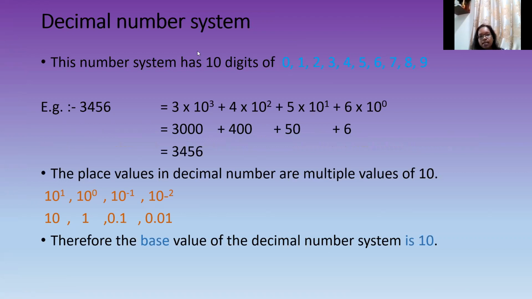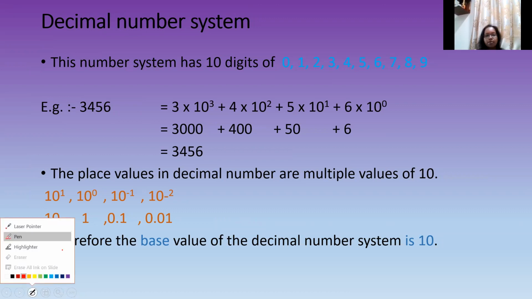There are 10 digits or 10 symbols under this number system, starting with 0, 1, 2, 3, in order up to 9. There are altogether 10 symbols from 0 to 9.